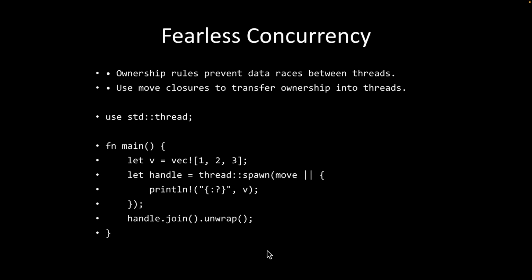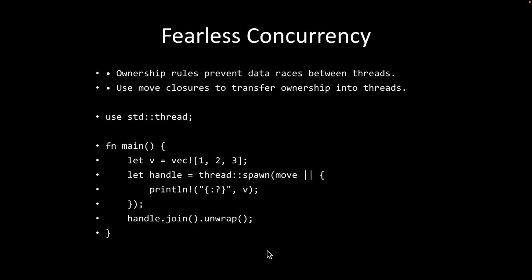A thread can be created with thread::spawn, and it has a move closure, and it is taking no parameters. So the two pipe symbols mean it does not have any parameters. It's an empty parameter closure, and the body of the closure simply prints the variable v, which is defined outside the scope of the closure.